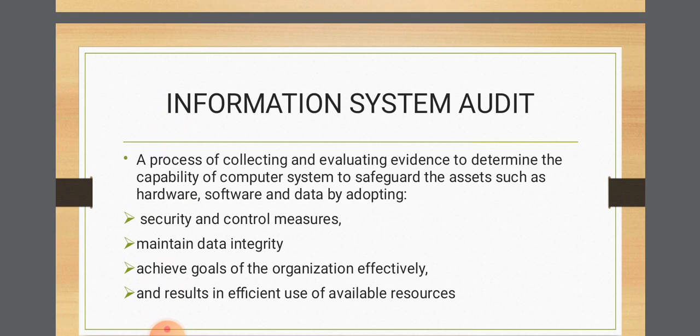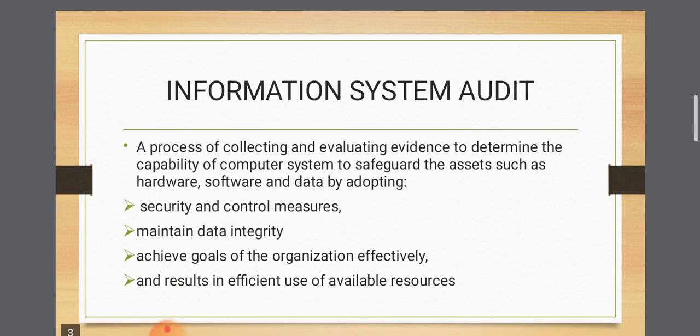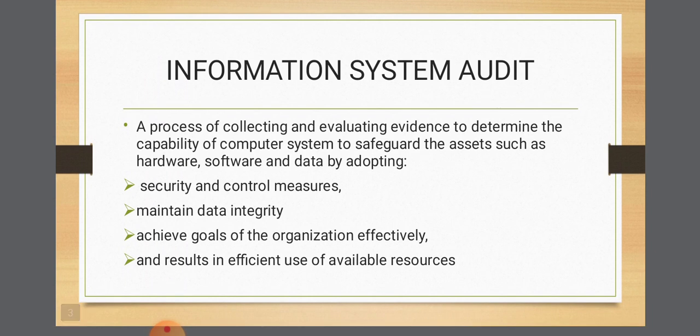That means how much your computer is capable, or how vulnerable it is to any changes, or whether anybody can access your computer. So this is what information system audit is about, to safeguard the assets such as hardware, software and data. And how is it done?